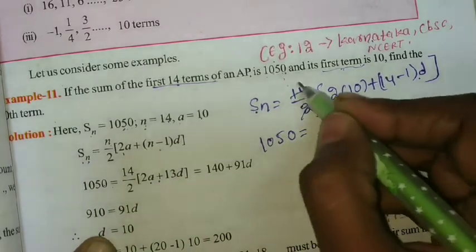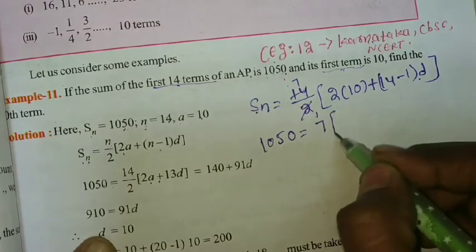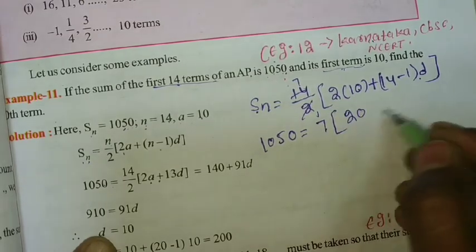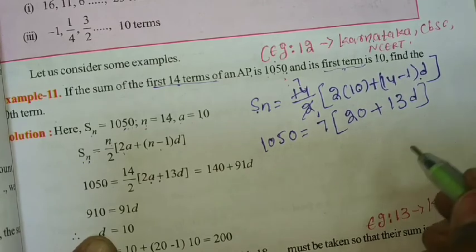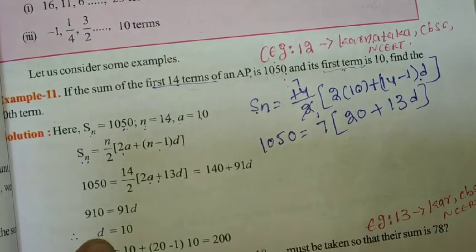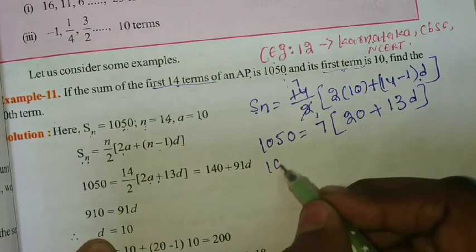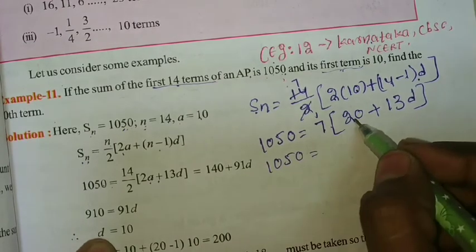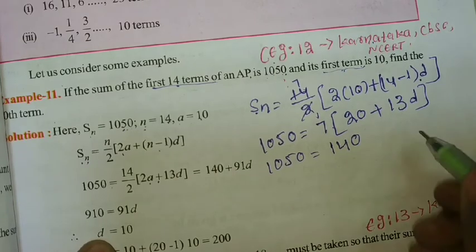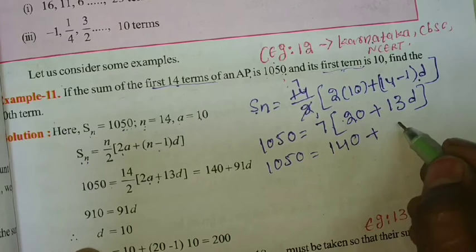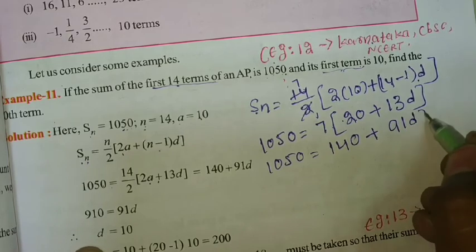2 ones are 2, 2 sevens are 14. Write down 7 into 2 tens are 20 plus 14 minus 1, 13 into d. Write down like this. Okay. Now 1050 is equal to 7 into 20. 7 twos are 14 and 0 keep like that. So 140 plus 13 sevens are 91 into d.